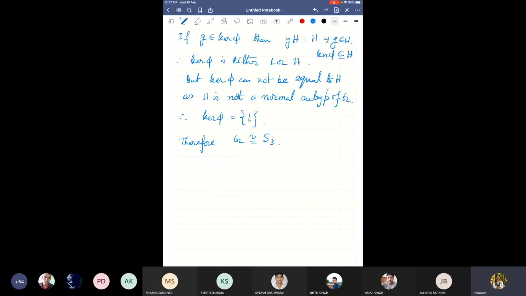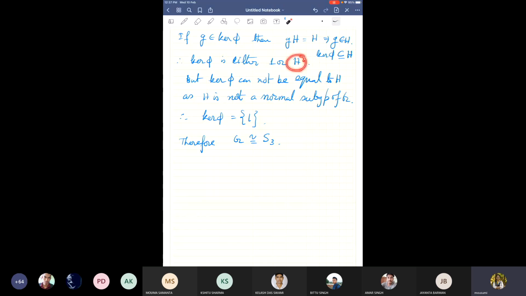But now what do you know? H is an order 2 subgroup, no? Because H was generated by an order 2 element, I started with H to be an order 2 subgroup. So what are the choices for the kernel of phi? Either it will be equal to 1 or it will be equal to H. But can the kernel of phi be equal to H?